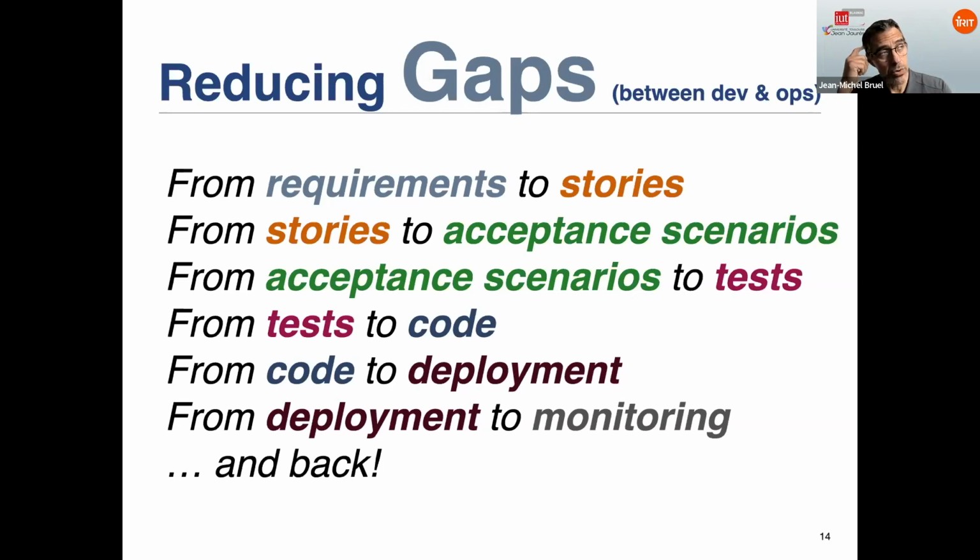And you want to reduce the time between a change in the requirements and its actual impact in the deployment of an application. The most successful software companies right now are the ones who are able to deploy as fast as possible, and of course with as much quality as possible, a new idea, a new feature, or a new change.